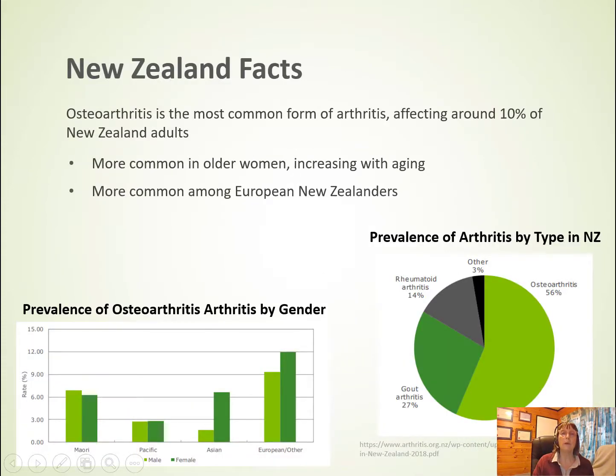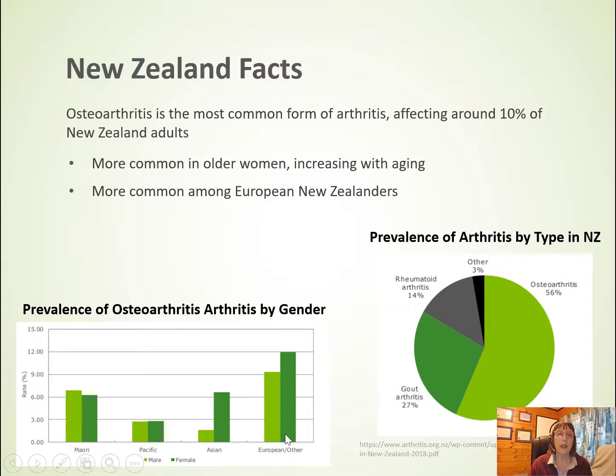And just looking at some New Zealand facts here, osteoarthritis, as you can see, is the most common form of arthritis in New Zealand, with 56% of those diagnosed with arthritis having osteoarthritis. As we said, it's more common in women, but also more common amongst Europeans.